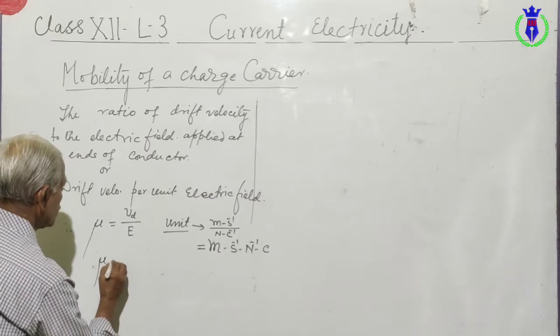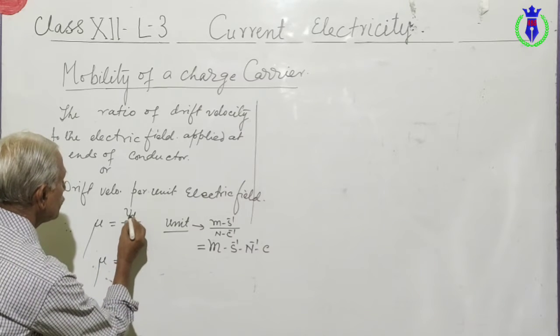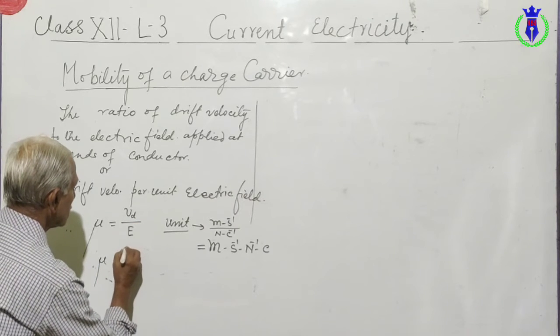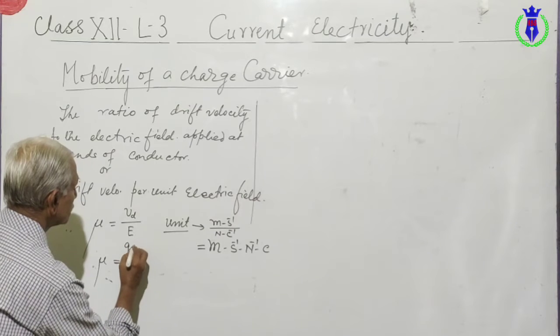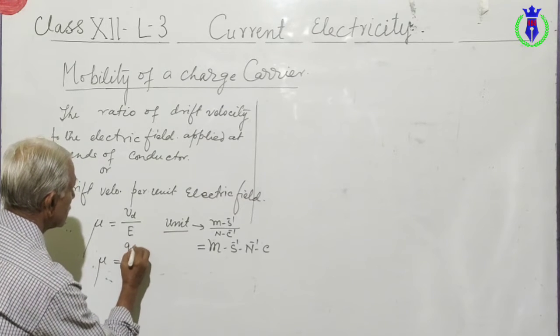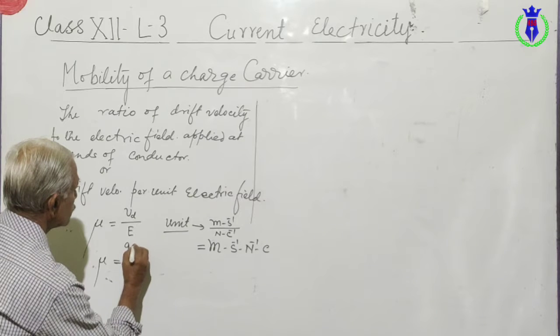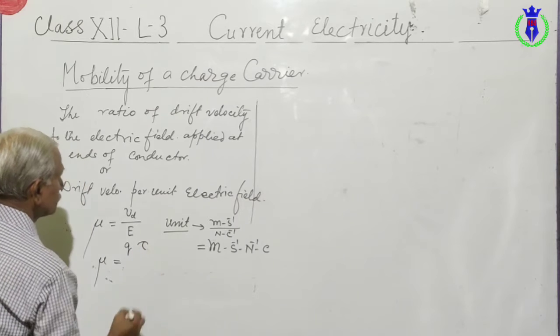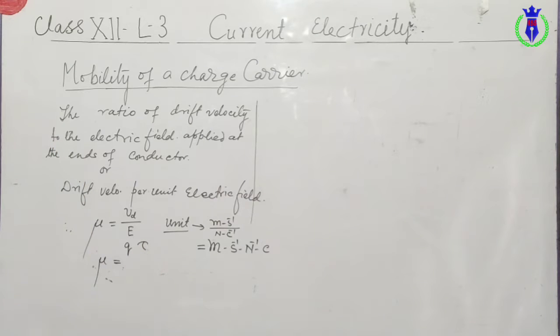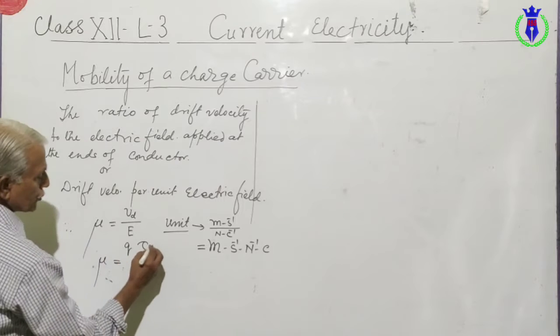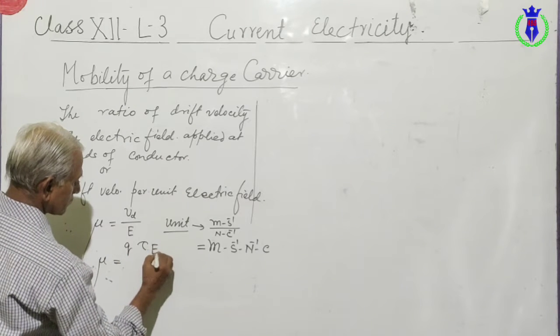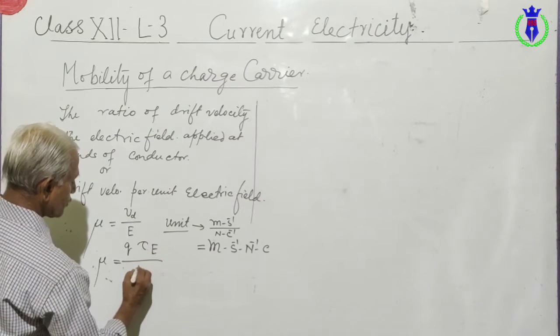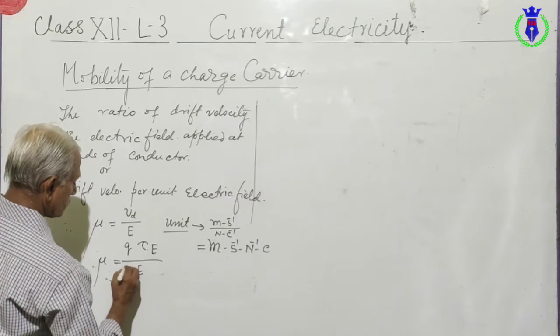Mu is equal to, we know the value of Vd, charge tau upon m.